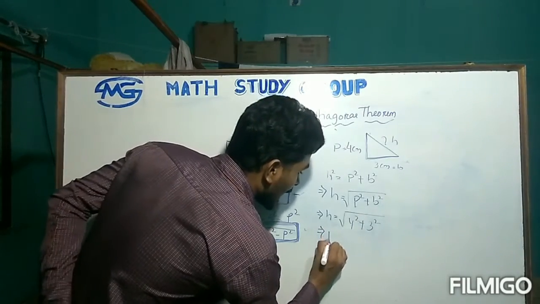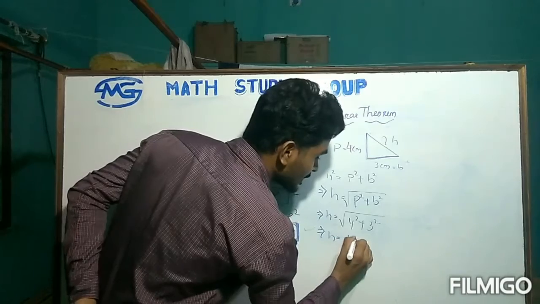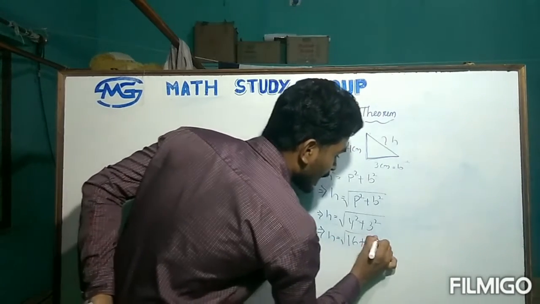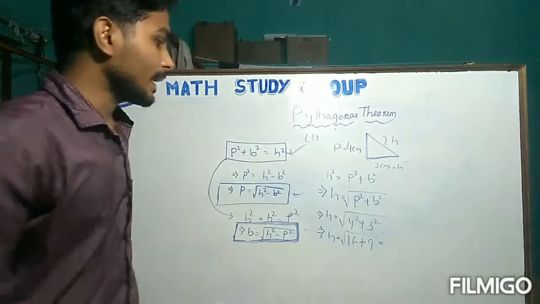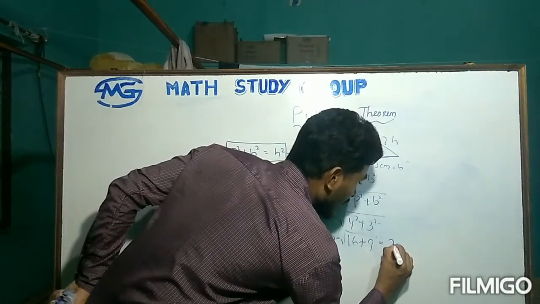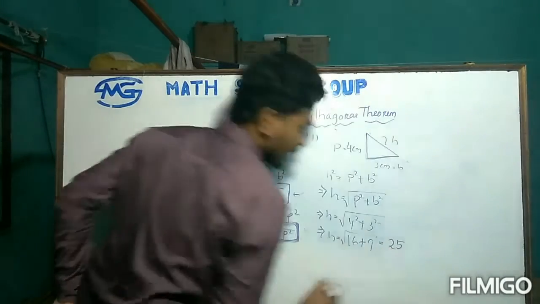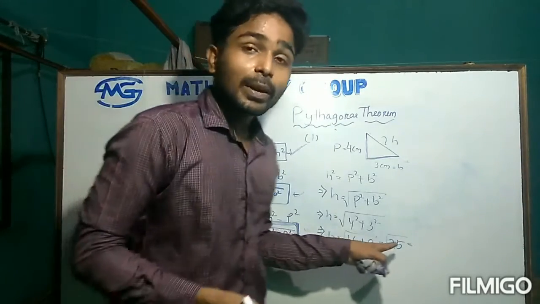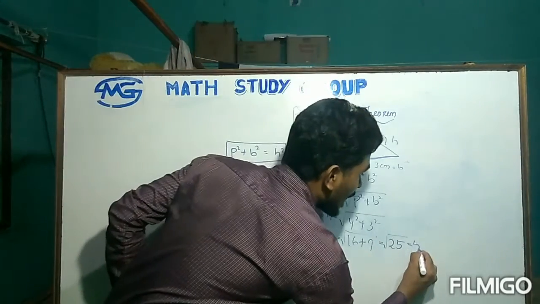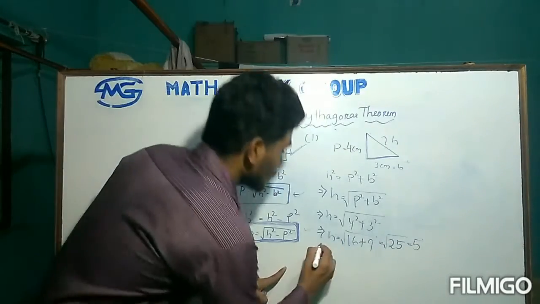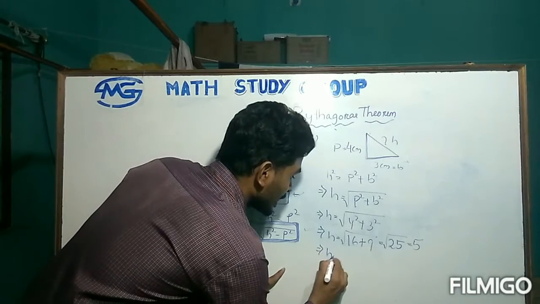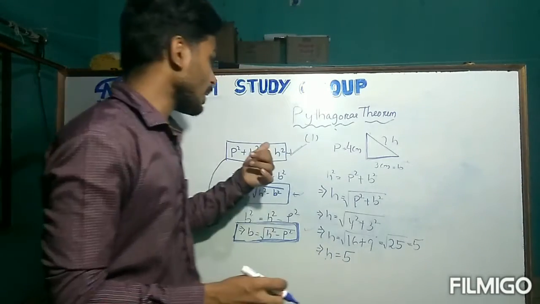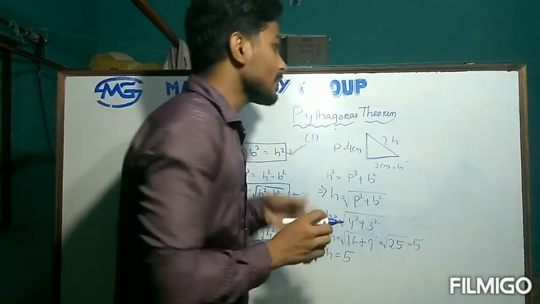Then H is equal to the square root of 4 square, which is 16, plus 3 square, which is 9. 16 plus 9 is how much? 25. The square root of 25 is 5. So finally we find that the value of H is 5 using formula 1 of the Pythagoras theorem.